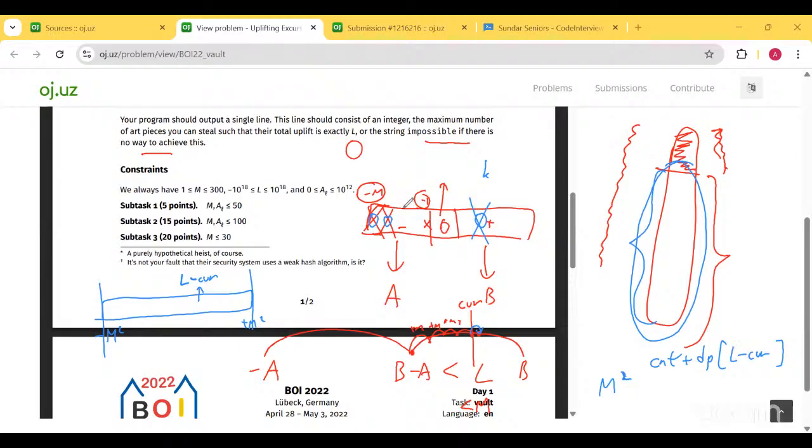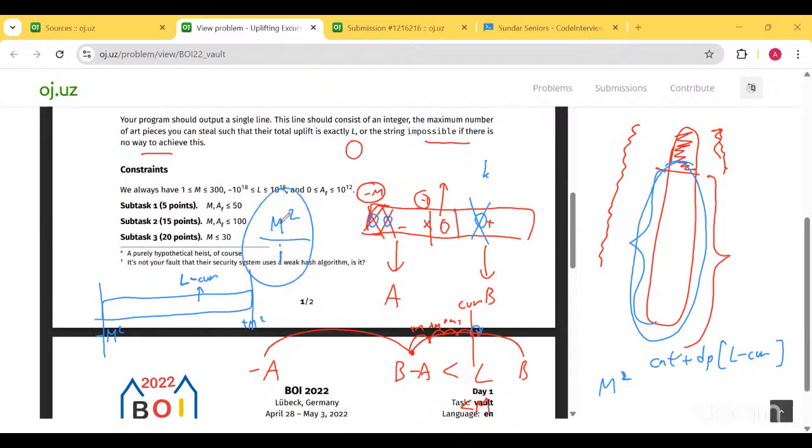And since we only want to add from minus m square to plus m square, for each item we only need to use at most m square divided by that value, right?